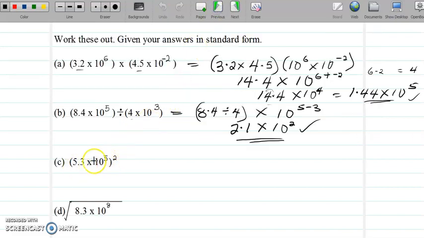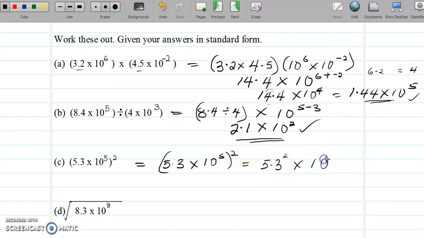Okay, now let's look at this. In this case, I will have 5.3 times 10 raised to the power 5, all to the power 2. So this will now give us 5.3 raised to the power 2 and 10 raised to the power 5 multiplied by 2. Understand?